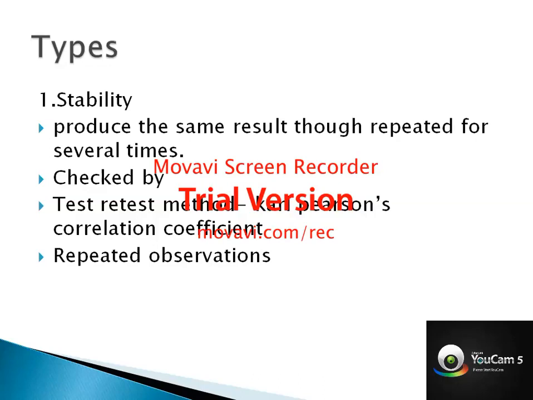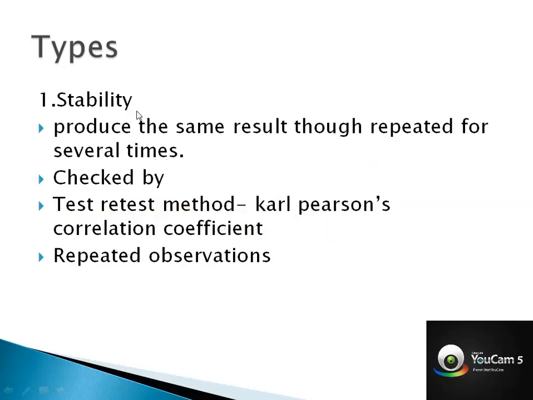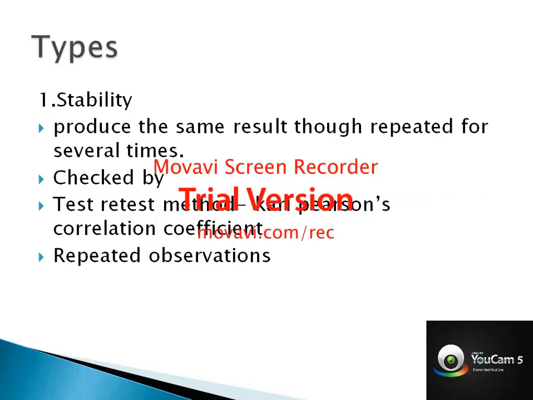That is how we do a stability reliability test. Stability reliability is checked by two methods: the test-retest method, which is in the word itself, test and retest, and repeated observation, where you repeatedly observe once or twice and see whether it is really a good tool.